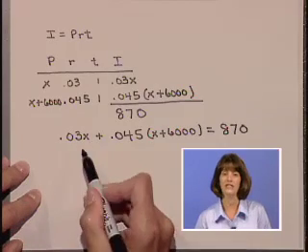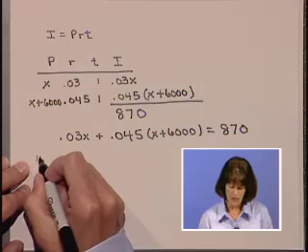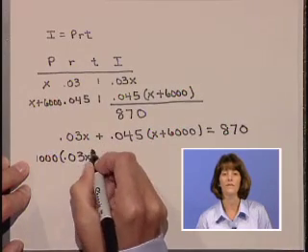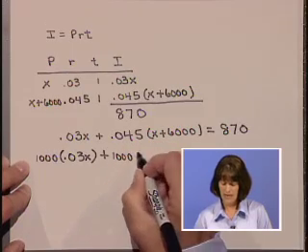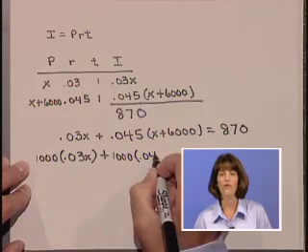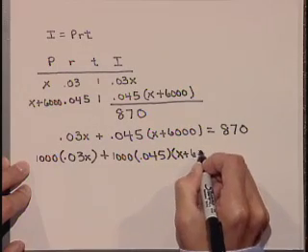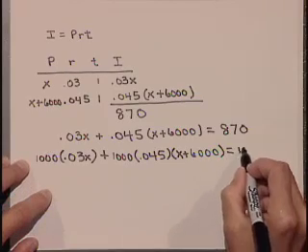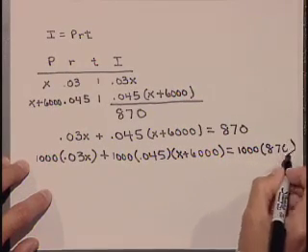So let's take 1,000 times each term in this equation. 1,000 times the 0.03x plus 1,000 times the 0.045 times (x plus 6,000) is equal to, and don't forget this side, 1,000 times 870.